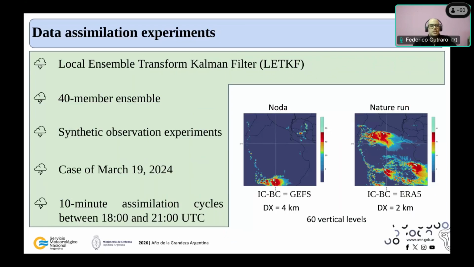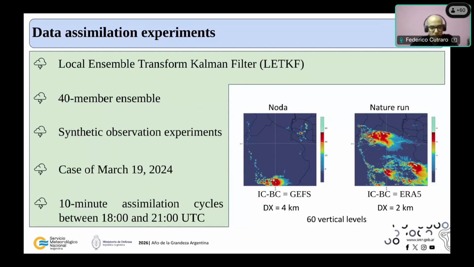Moving forward to the data assimilation experiments, we try to use a configuration similar to the one used operationally in the National Meteorological Service. We use the LETKF methodology with a 40-member ensemble.